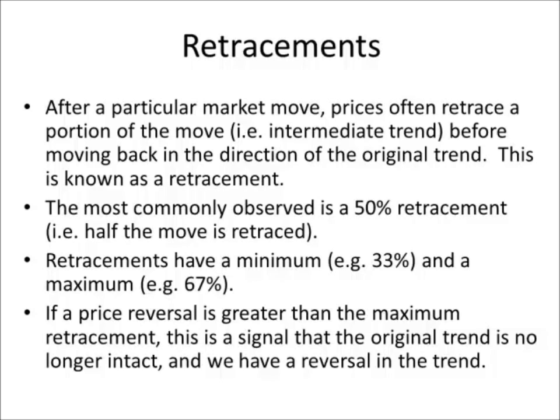That will be a signal that what we had is not an intermediate correction, but actually a new trend, a new downward trend, for example. So in order to qualify for a correction, we need a minimum 33% retracement and not more than 67% retracement. If we have a retracement of more than 2/3, then we say this is actually a new trend rather than a correction in the existing trend. And this is how we use retracements and what they're useful for.